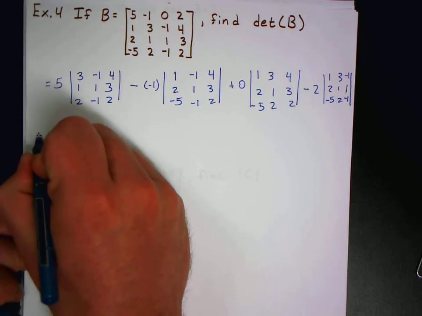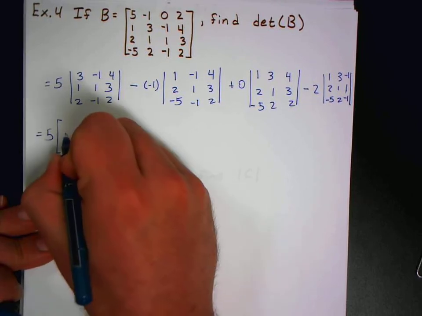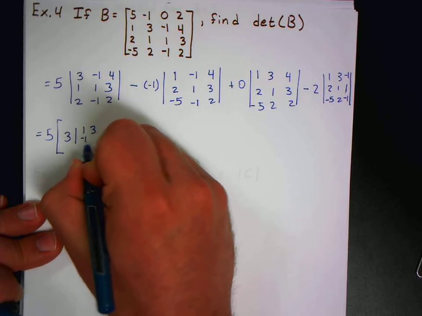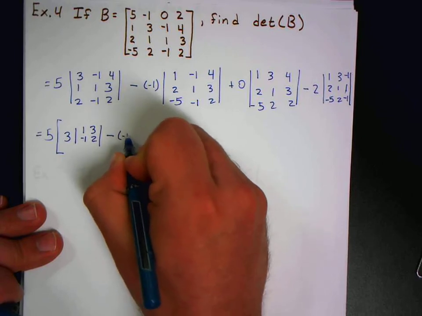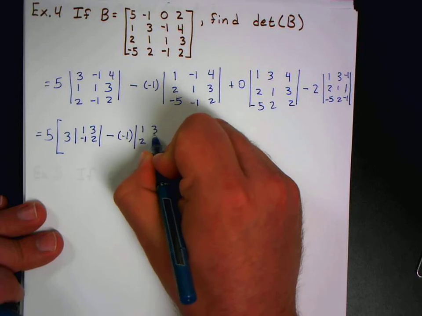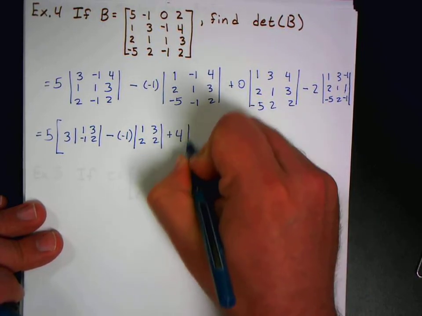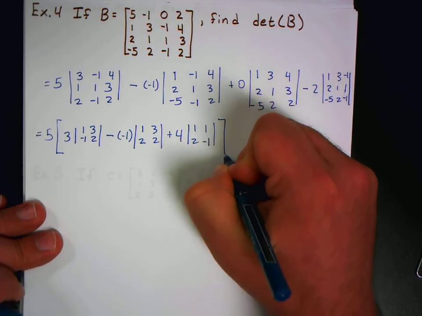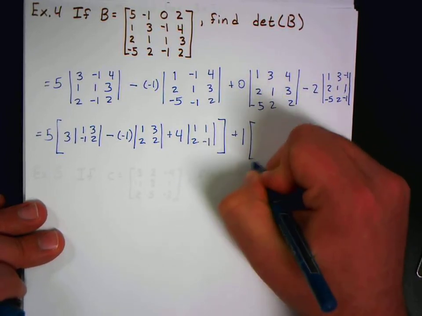But you then would go through, and this one would look like 5 times 3 times the determinant of 3, negative 1, 2, minus negative 1 times 1, 2, 3, 2, plus 4 times 1, 2, 1, negative 1. Then you'd have plus 1 times, and it would keep going.